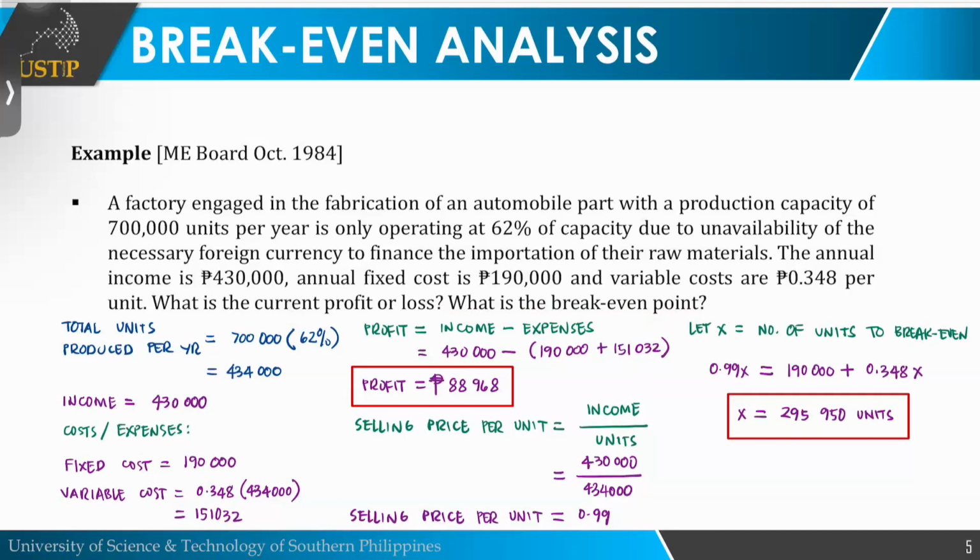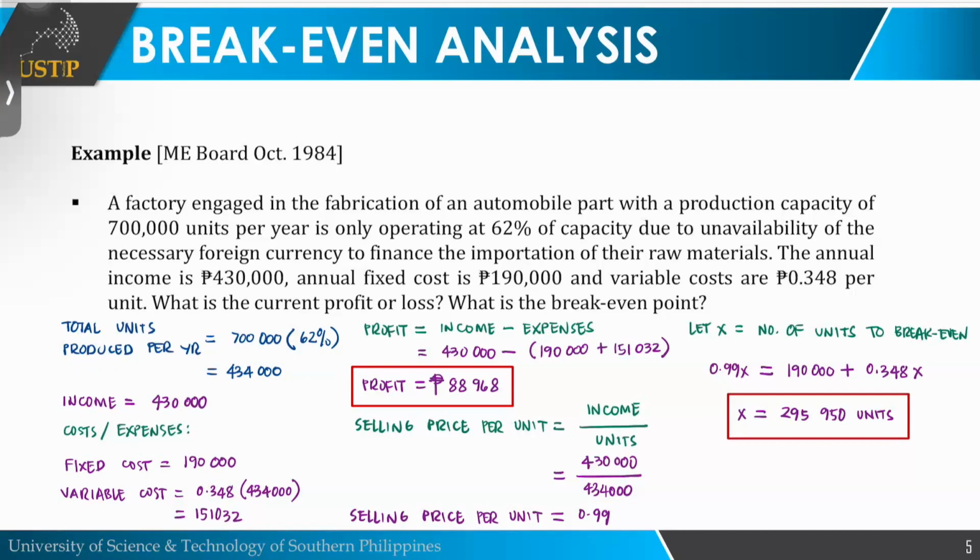So, how do we compute for the break-even point? Of course, we let x be the number of units to break even. Even though we have already solved for the number of units produced per year, this is the actual number of units sold per year. What is also being asked next, aside from the profit, is the number of units to break even.